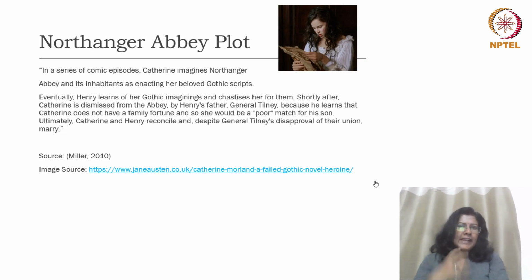When Catherine Morland finds herself in Northanger Abbey, she imagines herself to be a Gothic heroine, and she imagines this place to be a place of oppression, literal oppression, and she tries to figure out more information about the place that she is in. So in a series of comic episodes, Catherine imagines Northanger Abbey and its inhabitants as enacting her beloved Gothic scripts.